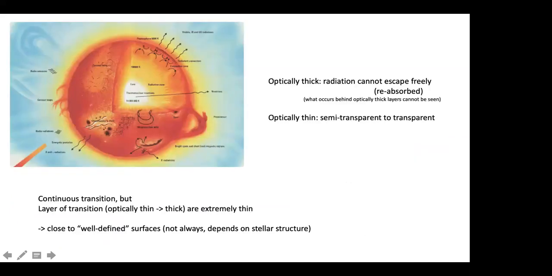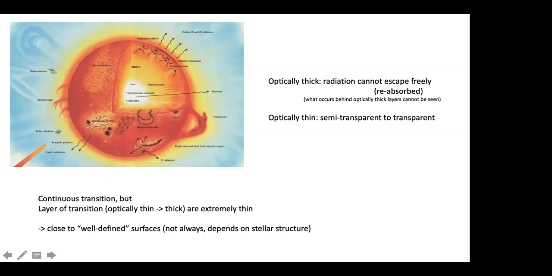Well, in a star it's the same. Now, the only point that we will investigate much better later in this course is that the transition region, for many reasons that we will see, is extremely thin. So in a star, you pass rather suddenly from a region optically thick that you cannot see to a layer outside that is optically thin.